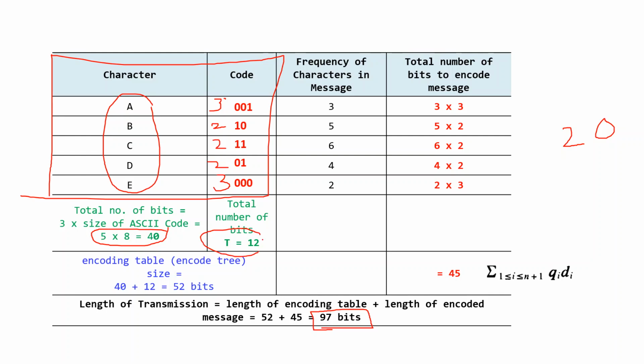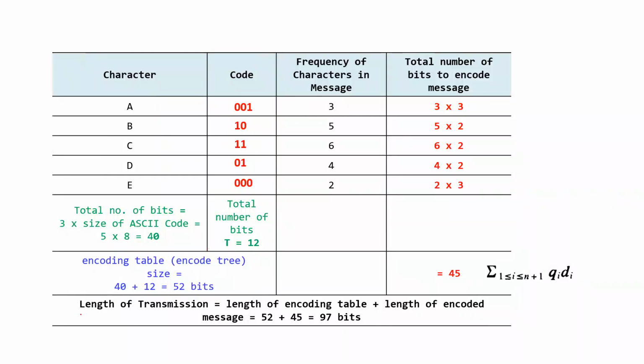Totally it is 12. So the total size of the encoding table will be 40 plus 12, which is 52 bits. So whenever a message has to be transmitted, the length of the transmission will be equal to the size of the encoding table plus the length of the encoded message, which is equal to 97 bits.